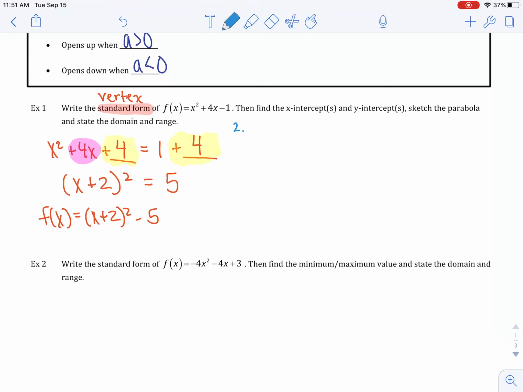So for the x-intercepts, I'm going to plug in a 0, and I'm going to solve for the x. Add the 5 over, take the square root on both sides, subtract the 2.